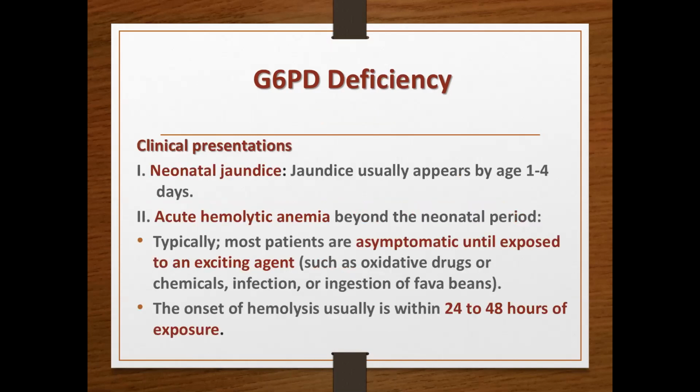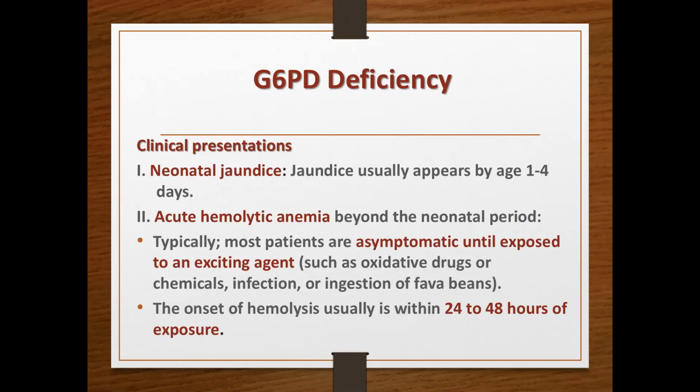Clinical presentation in the neonatal period: it usually presents as neonatal jaundice, appearing by age 1 to 4 days, and might require exchange transfusion. Beyond the neonatal period, the patient will develop acute hemolytic anemia, and typically most of the patients are asymptomatic unless they are exposed to an exciting agent or oxidant drug, chemical, infection, or ingestion of fava beans.